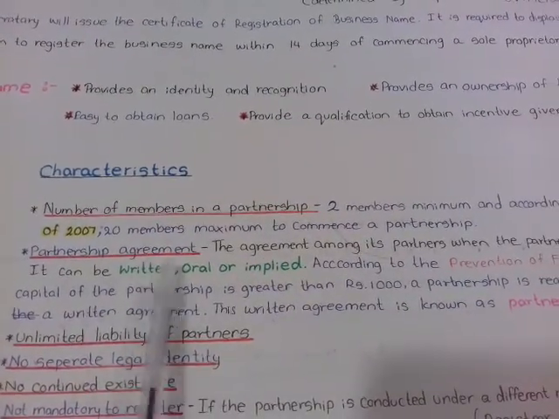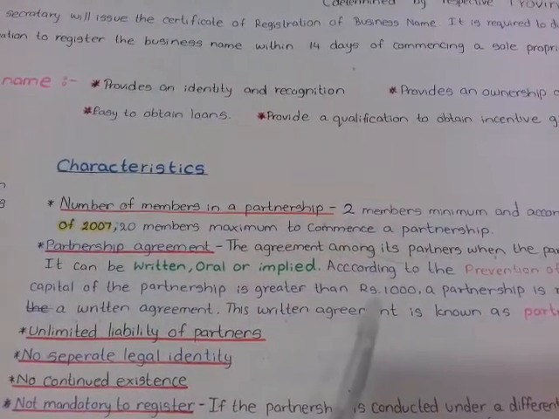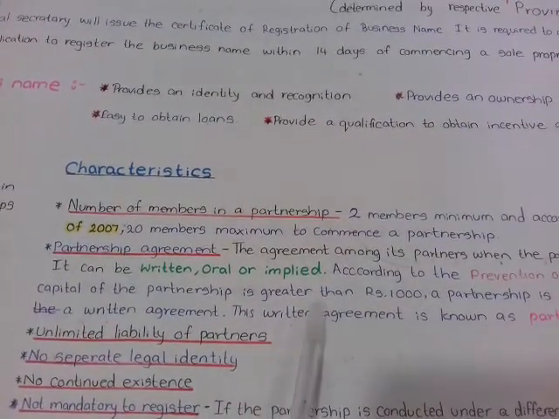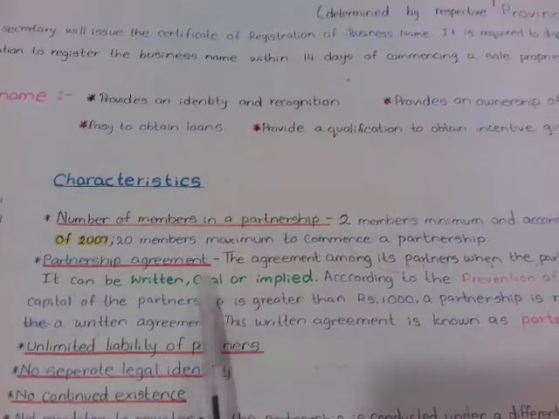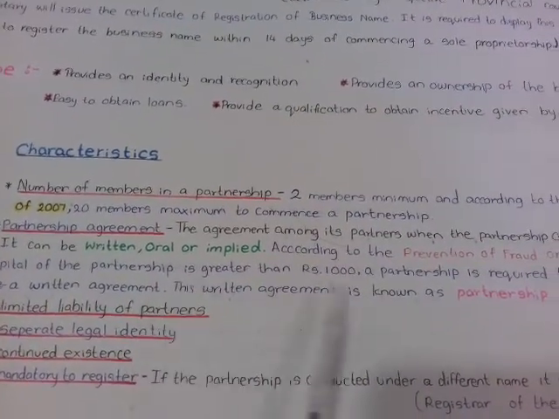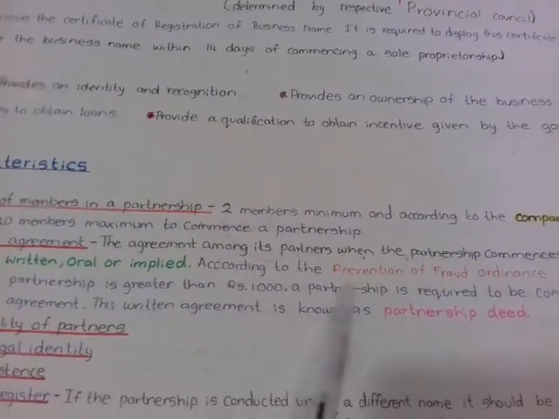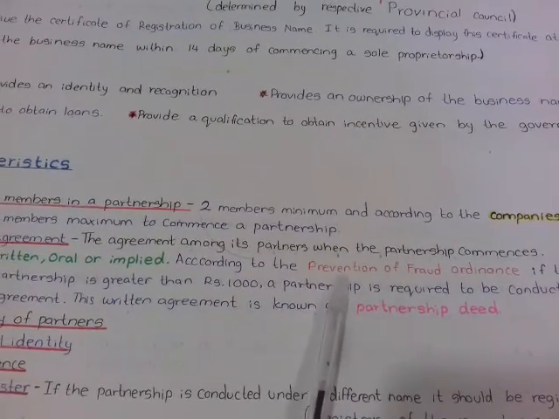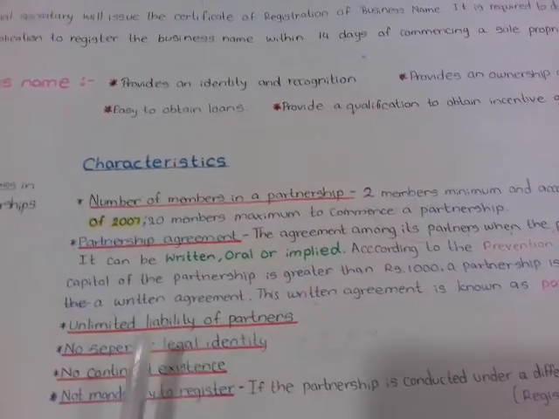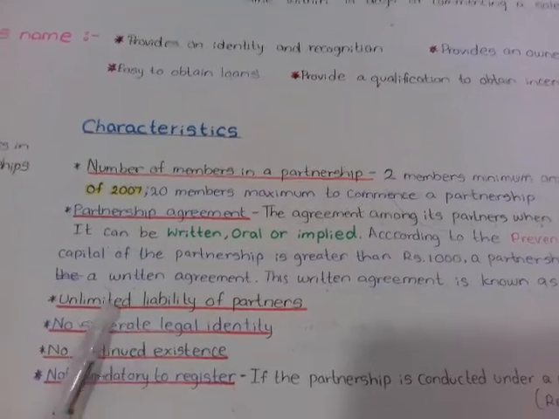It could be written, oral or implied. And if the first capital of the partnership is greater than 1000 rupees, it should be conducted under a written agreement, which is known as the partnership deed. Why? Because it is under the Prevention of Fraud Ordinance. I hope you understood that point. It is a bit complex point, so you should study it well.